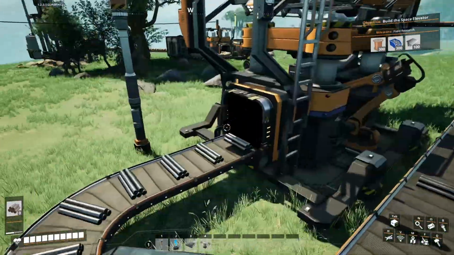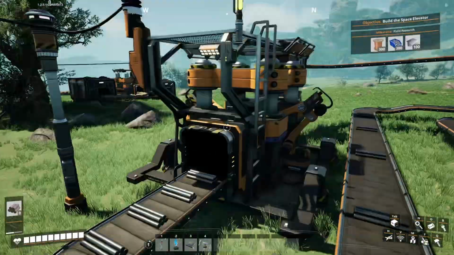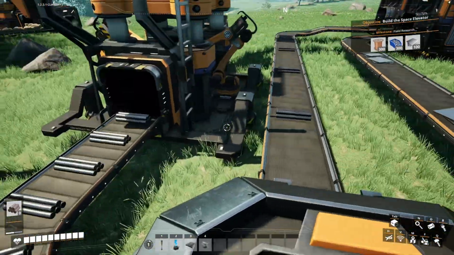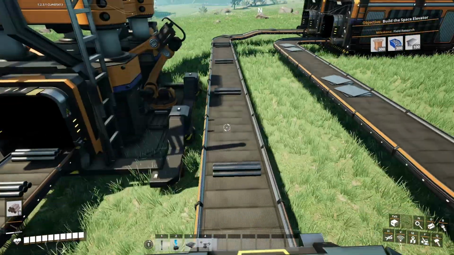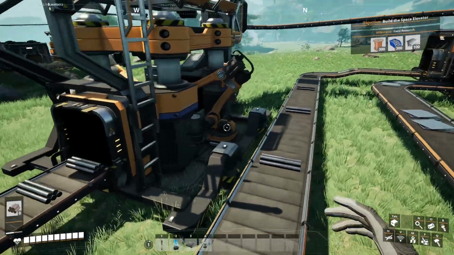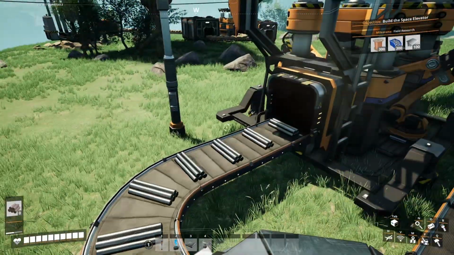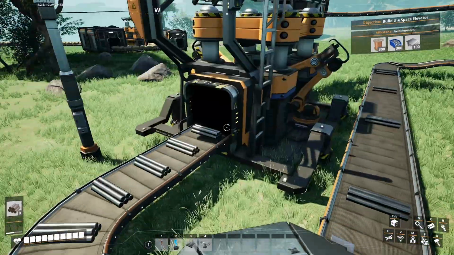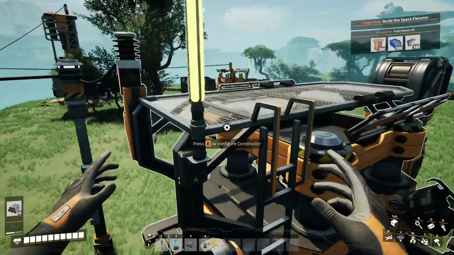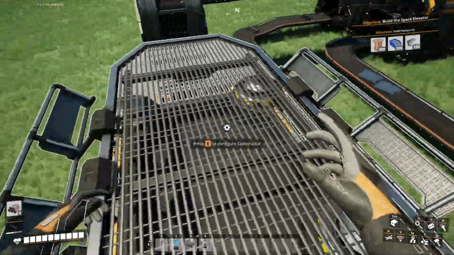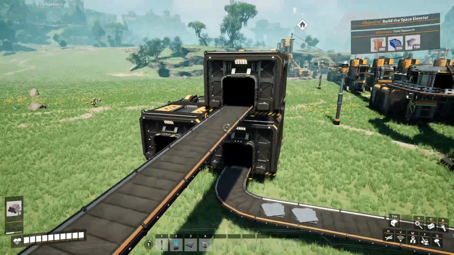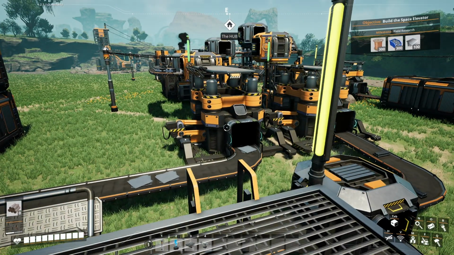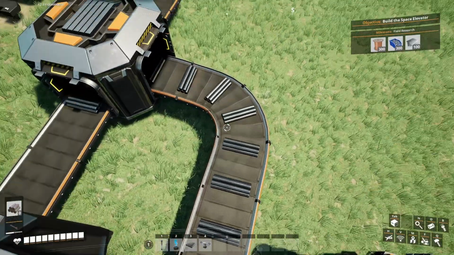But splitting it here and putting the bolt machine in parallel adds fluctuations to the system. So maybe it would be best if I added a silo. But I've already placed this. So I would immediately be breaking that rule of not moving things around once they're set.